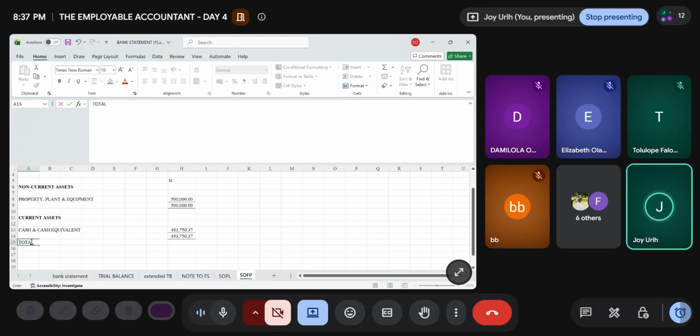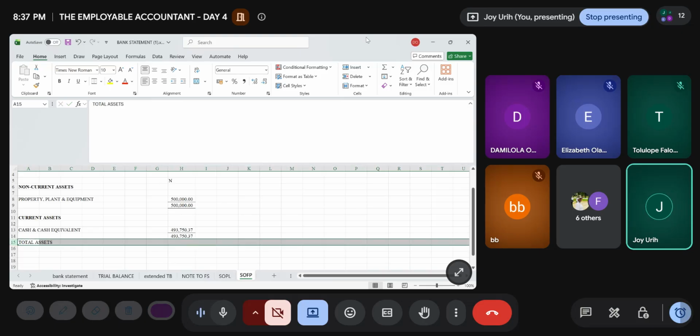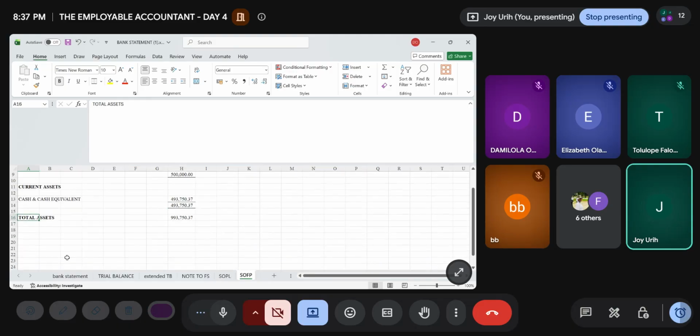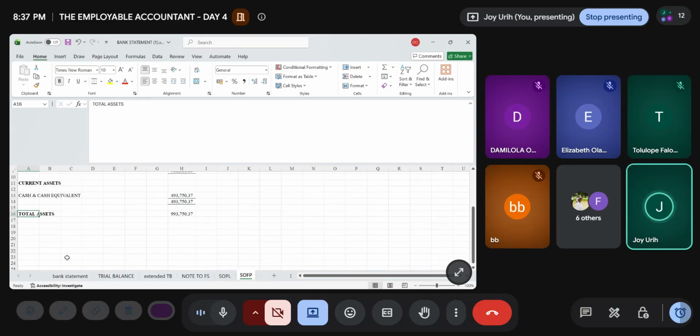What makes up our total assets? The non-current plus the current assets. So we are summing the totals up, which is this plus this. So the next item we'll be having is the formula of the accounting.